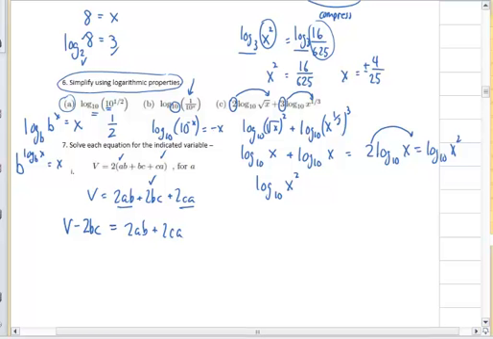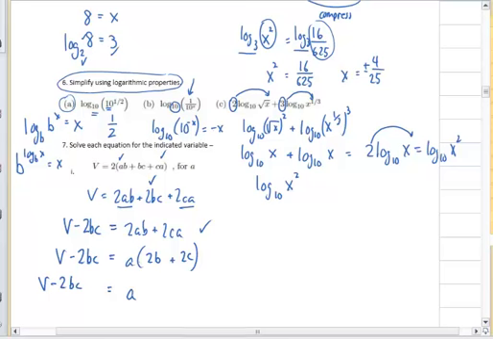So I'm going to try to separate a from these two terms, and I'm going to factor out the a. Oops, I didn't do that there, so let me just write 2b, 2c, and I have volume minus 2bc. So now the final step will be just solving for a.